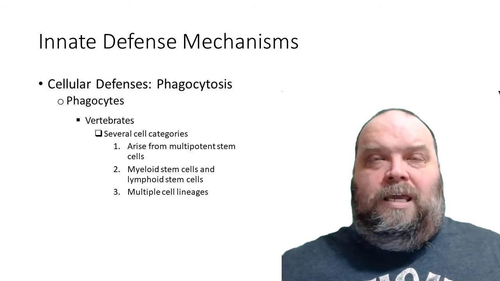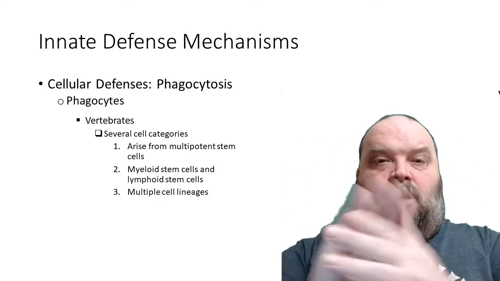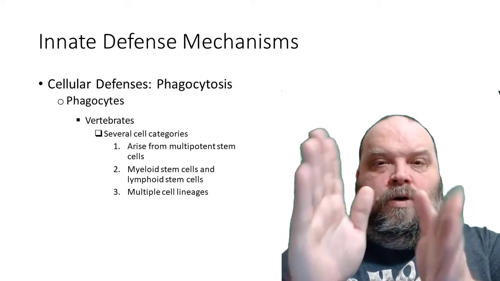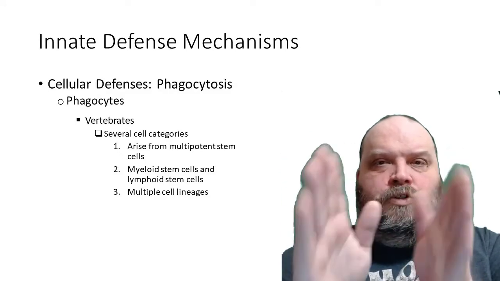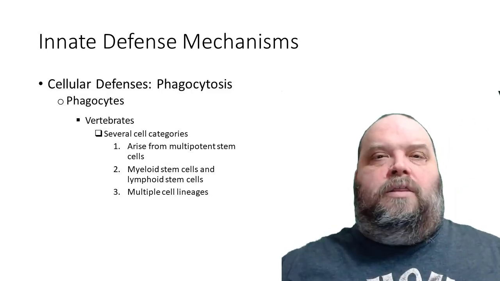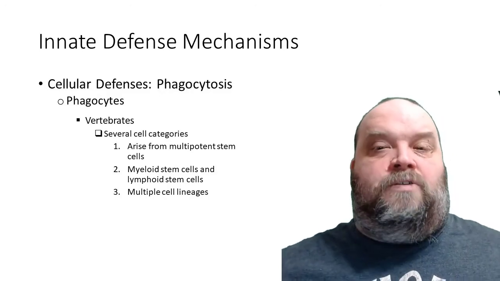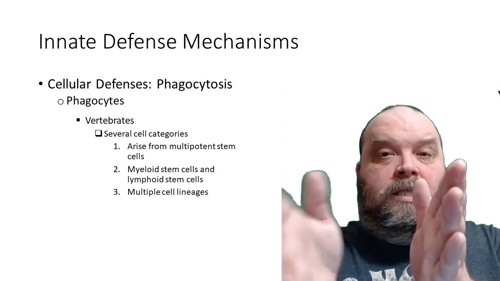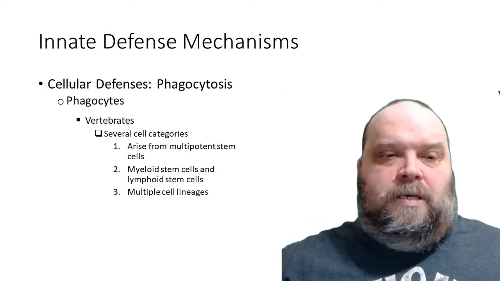When you're talking innate as well as adaptive, everything starts from the stem cells that will split. The innate, these are the ones that are going to become the macrophages, the neutrophils, the eosinophils, the basophils, and as we're going to see in the next set of lectures, the adaptive, the B cells, the T cells.